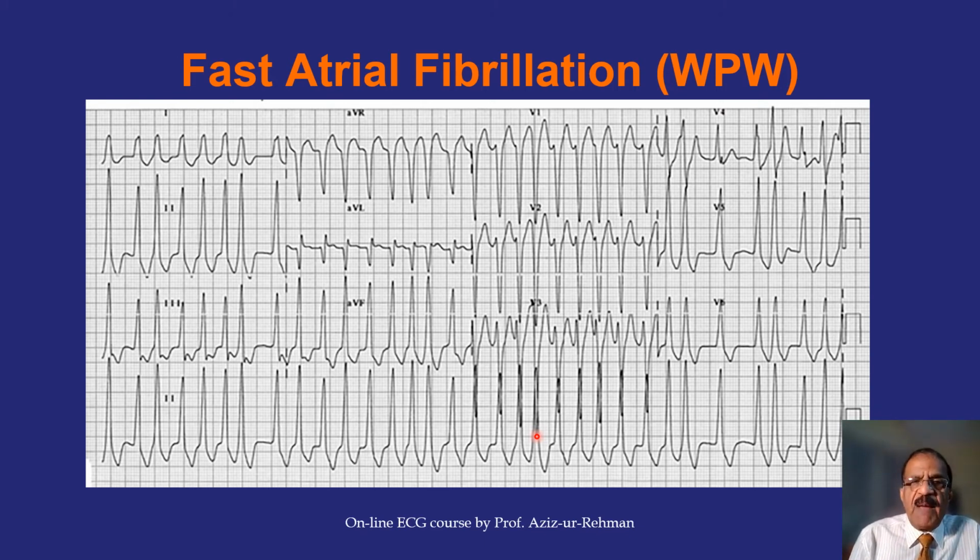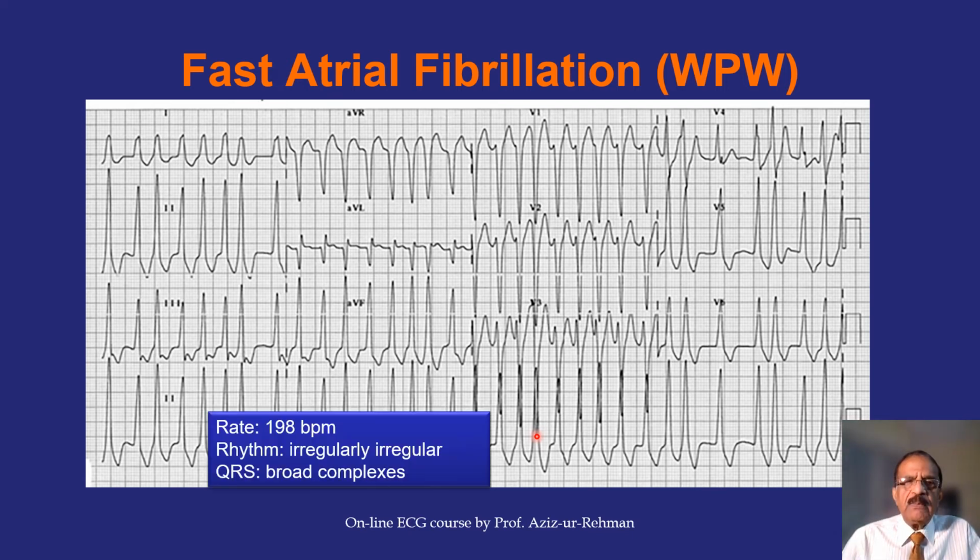So this is one example. This patient would be considered much more serious than another person with simple atrial fibrillation. This patient should be offered the most effective treatment, and the most effective treatment in such cases would be electrical cardioversion.